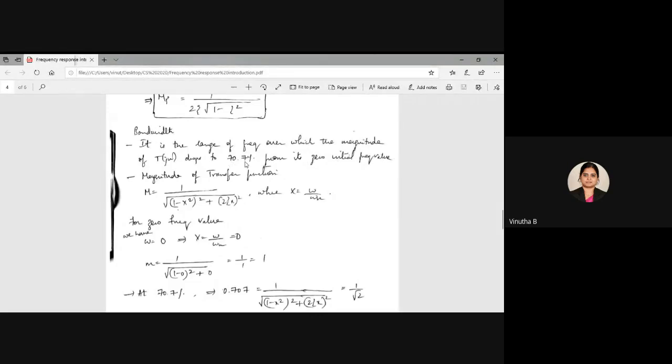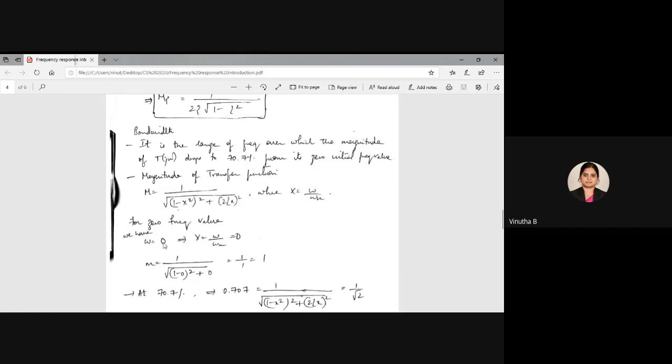So again, to derive the bandwidth, first you have to consider the magnitude of the transfer function. So magnitude of transfer function M is equal to 1 divided by square root of 1 minus x square the whole square plus 2 zeta x the whole square, where x is equal to omega by omega n. For zero frequency value, what is the value of omega?